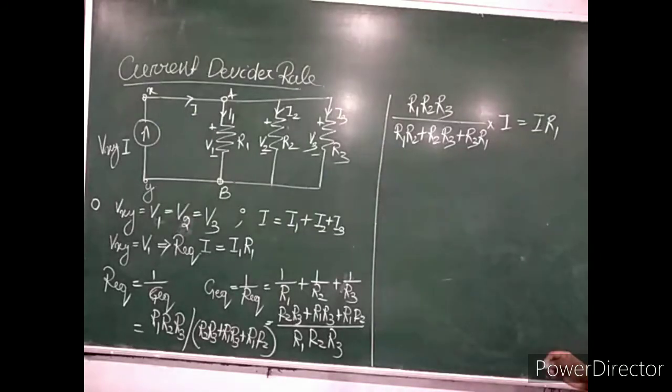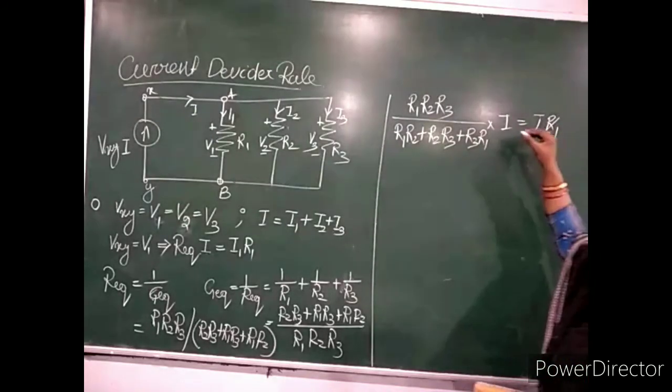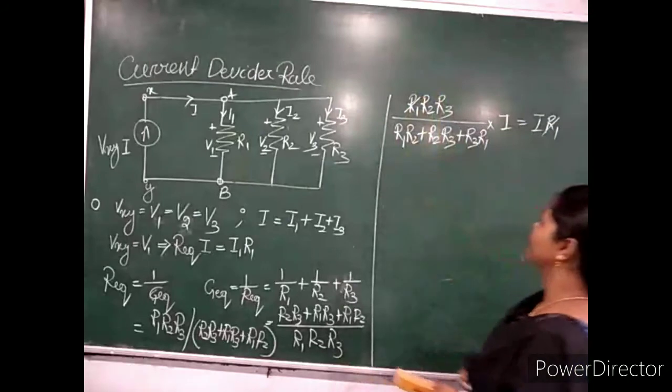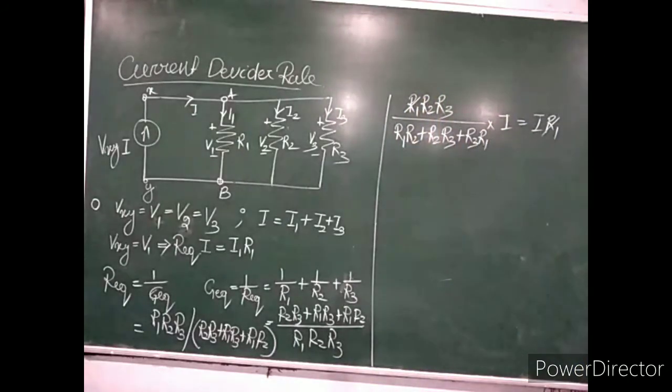Okay. So both sides R1 are cancelled out. So what is the current I1 now?